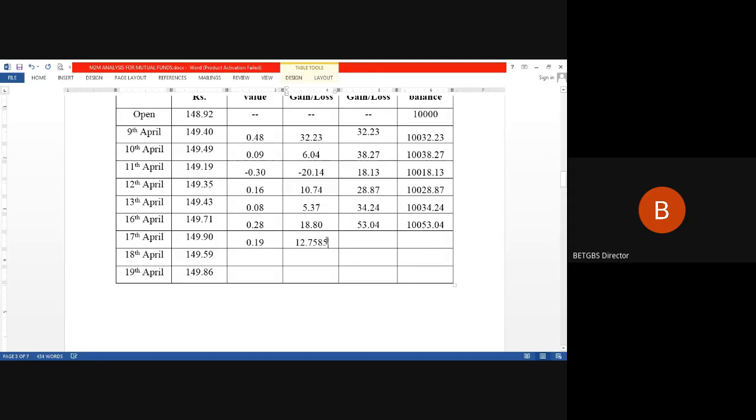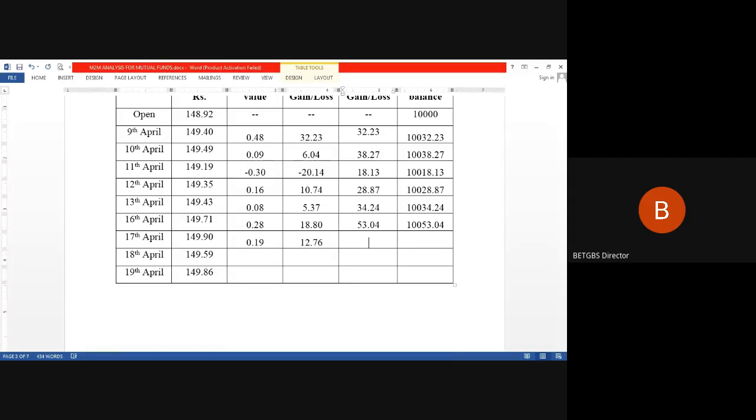So it is 12.76. So we add up 4 plus 12.76. So it is 65.08.